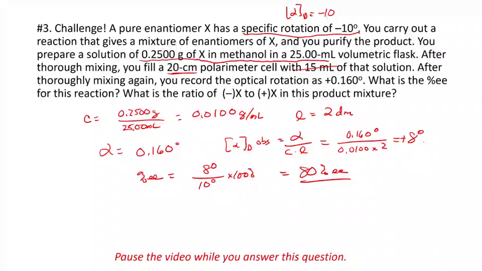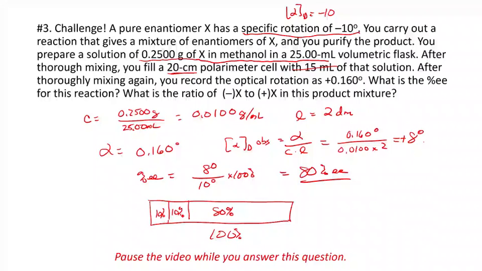All right? What's the ratio of minus X to plus X in this product mixture? Well, the way you think about this is that we have 100% and there's an 80% excess of one over the other. So 80% of this is pure. That leaves the other 20% a 50-50 mixture.